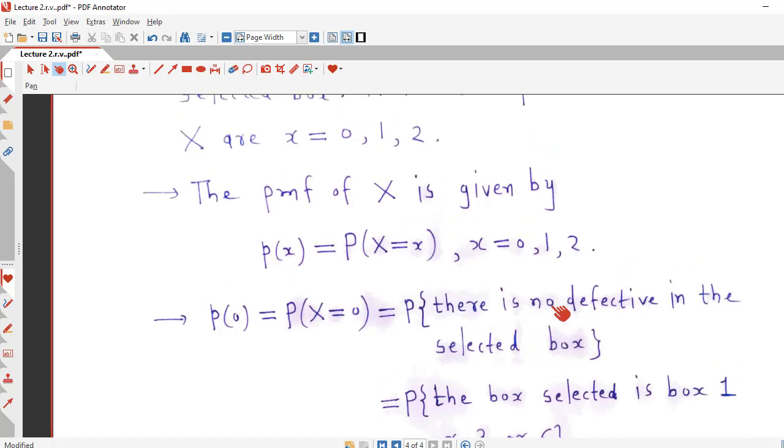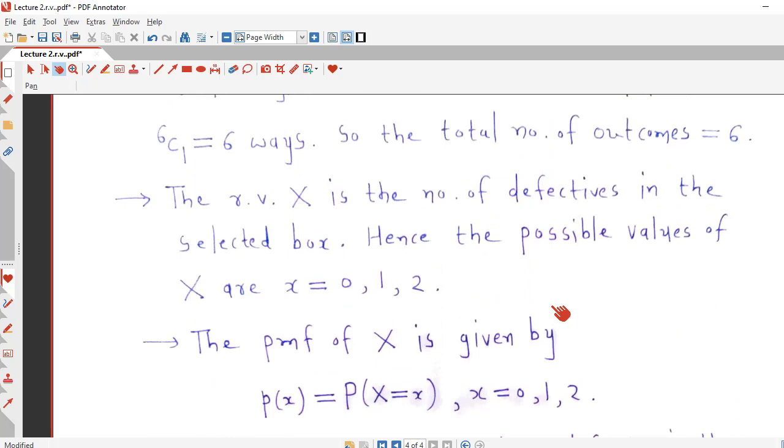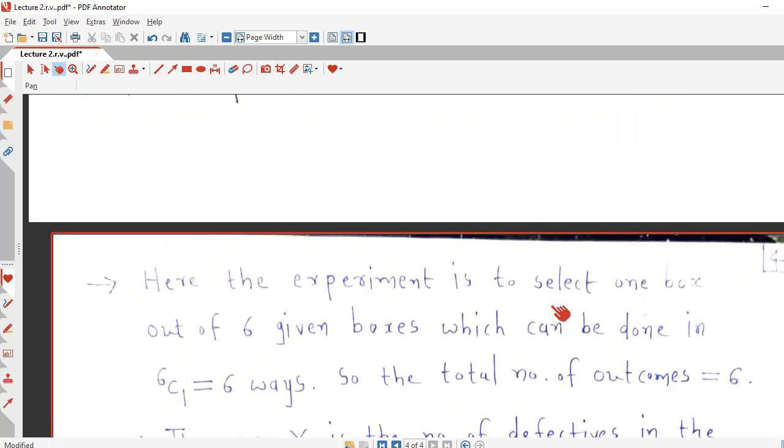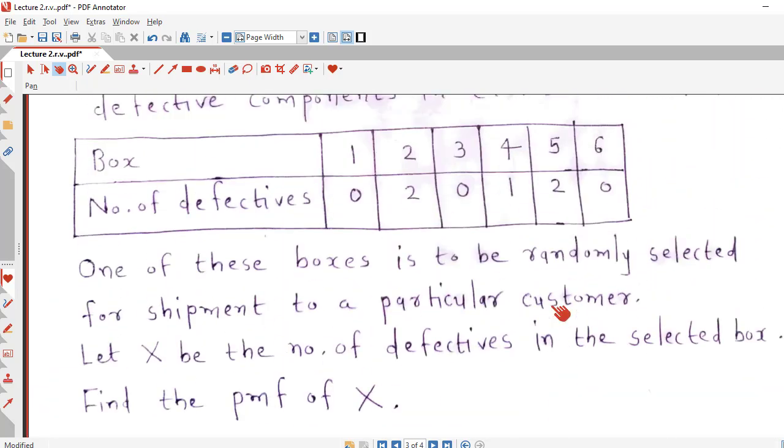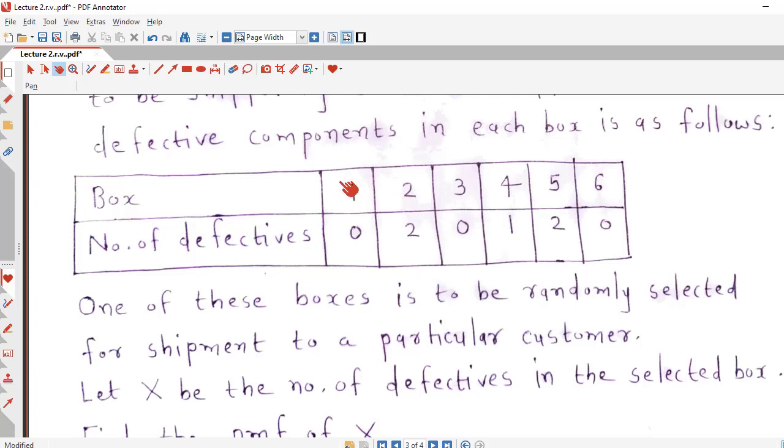So we have to find out those boxes in which there is no defective component. So again from the table we can see that box 1 has 0 defective, 3 has 0 defective, and box 6 has 0 defective.